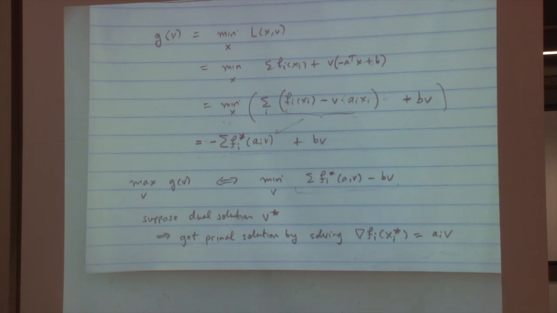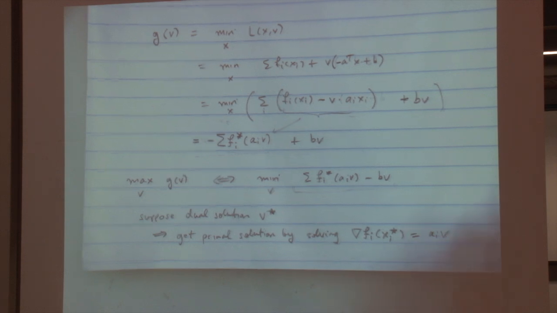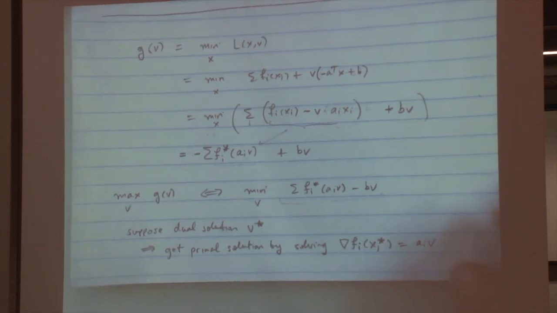We'll see lots. For example, if f is a quadratic, f star is also quadratic. So quadratics have quadratic conjugates. We know the conjugates of norms. We know the conjugates of lots of functions, like functions involving logs, exponentials. So we'll see lots of examples of that. The conjugate's really just shorthand notation.